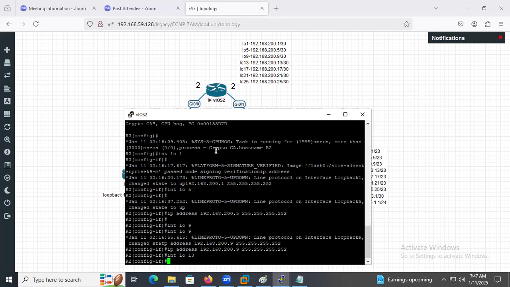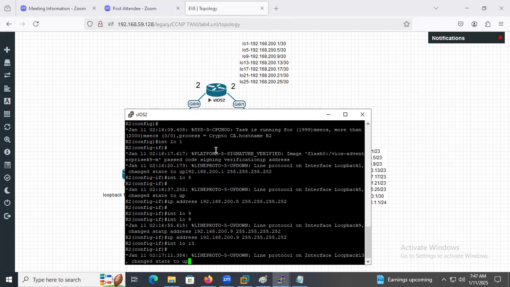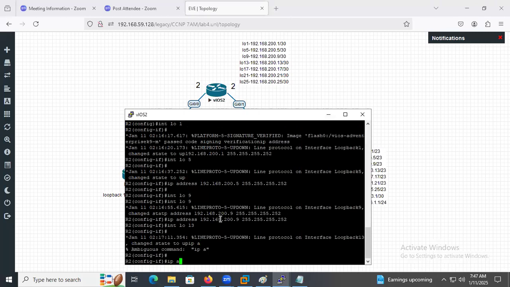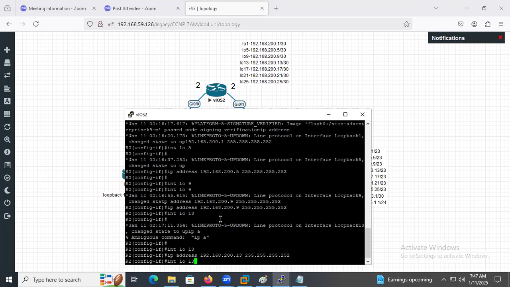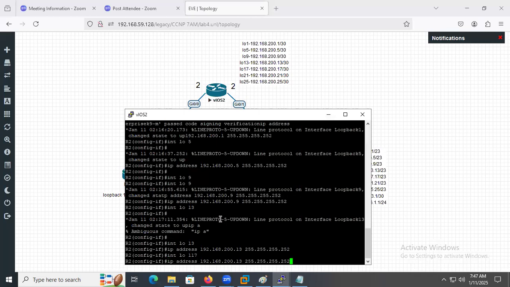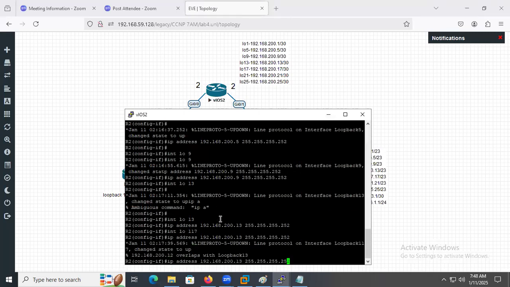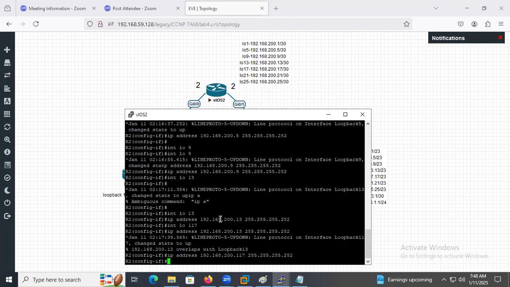Loopback 13. What happened? Interface loopback 13. Interface loopback 17. This number has gone wrong, no problem. 17, 117.